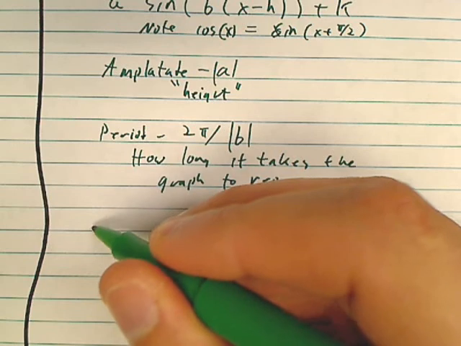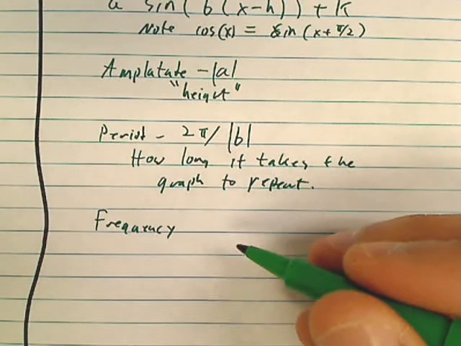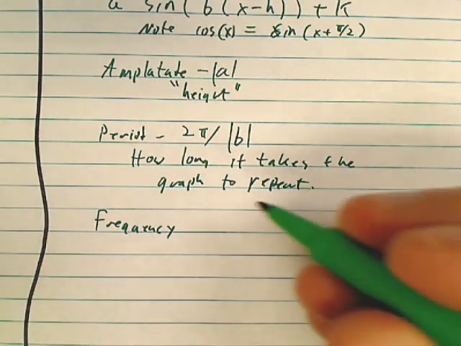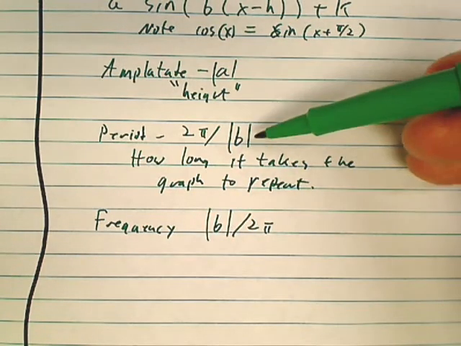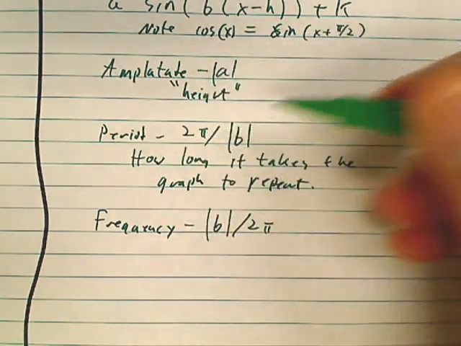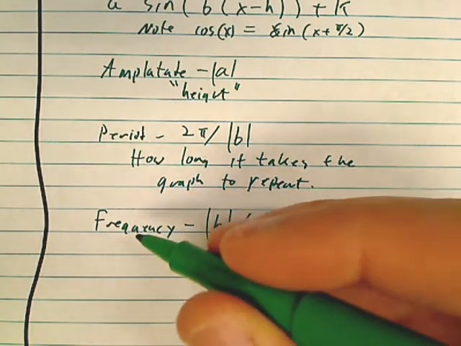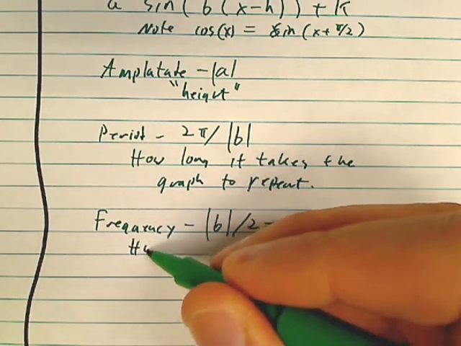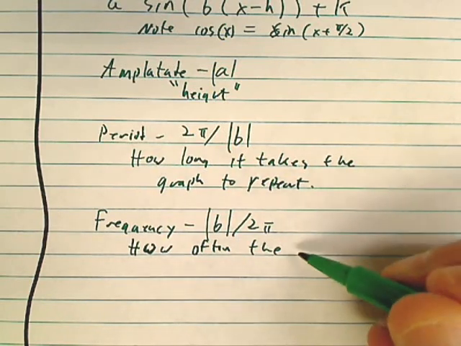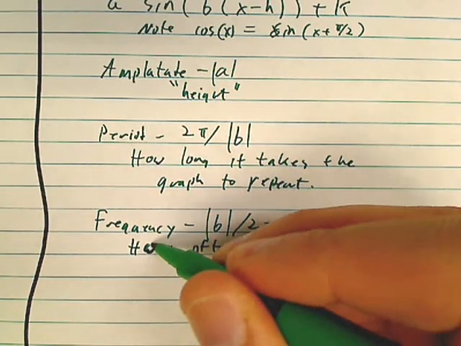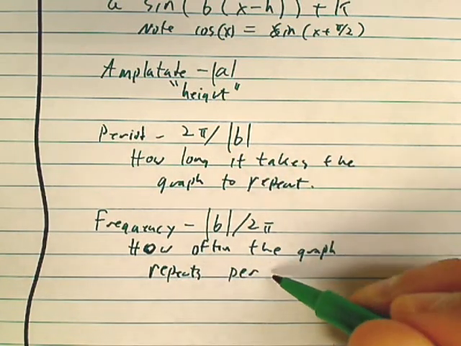Frequency is B over 2 pi. It's the reciprocal of the period. Frequency is how often the graph repeats per unit.